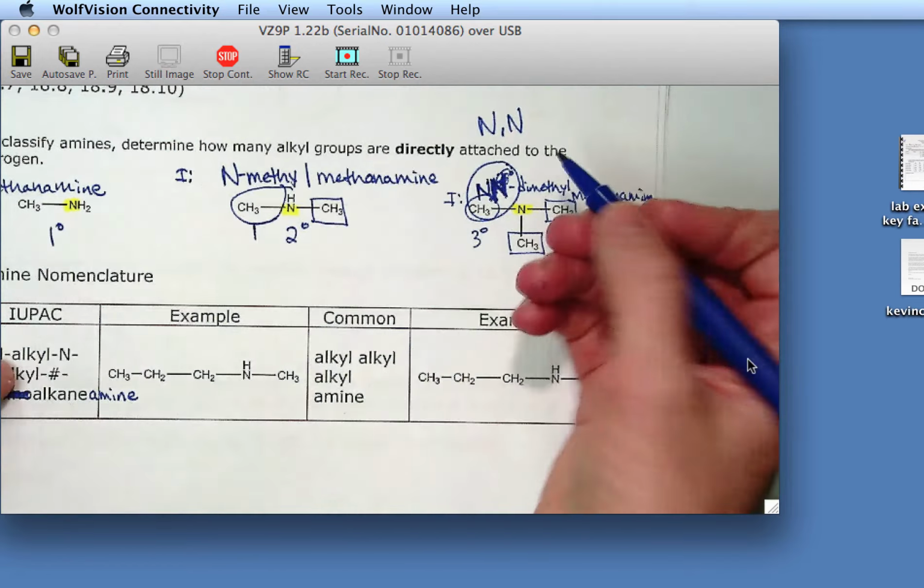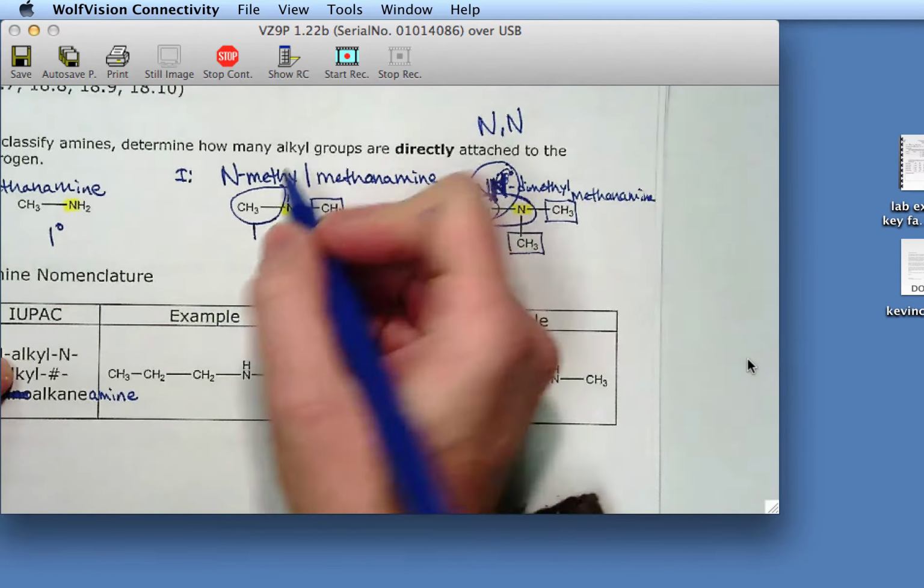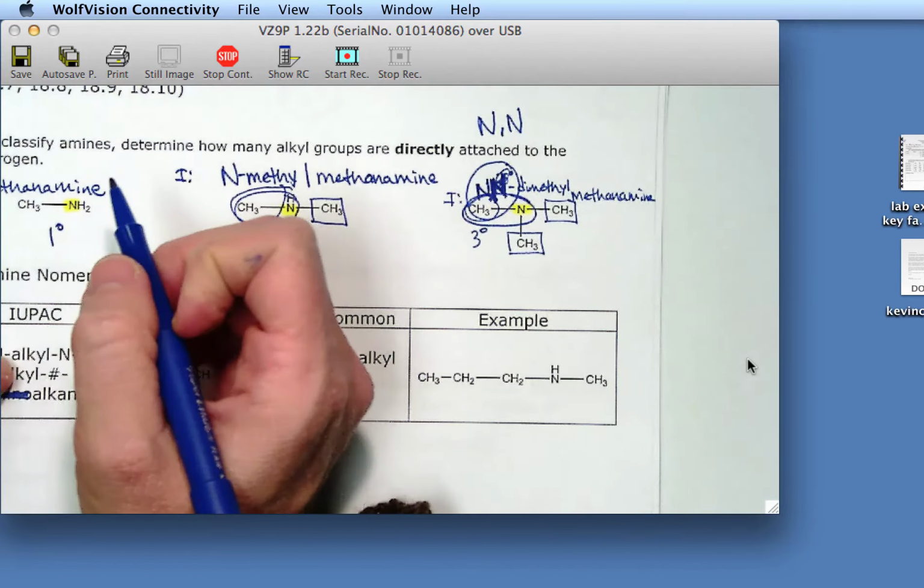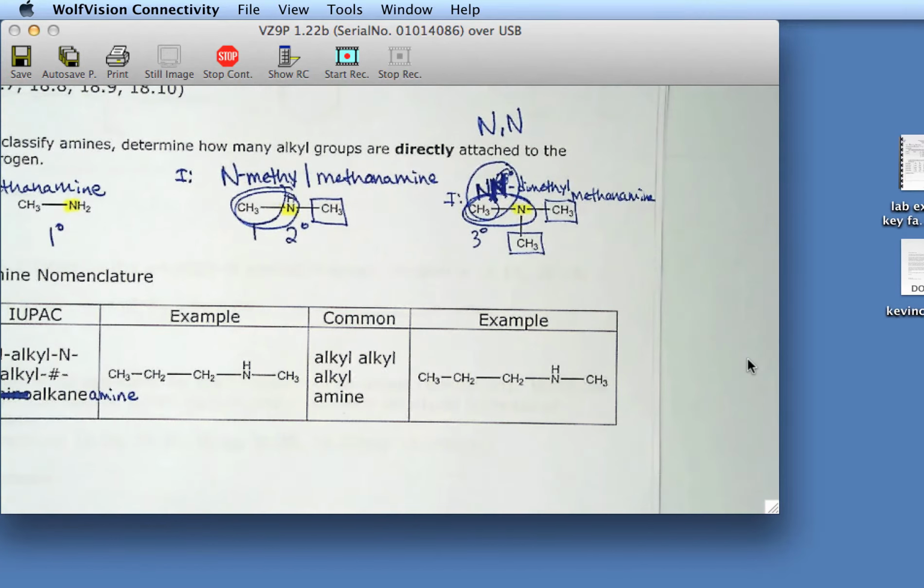If it makes it easier, circle that. Maybe coming from esters, it makes more sense to keep it in there. And then maybe it makes it easier for you to square the other alkyl groups that are coming off. The parent with these amines is always going to be the longest continuous chain of carbons for IUPAC.